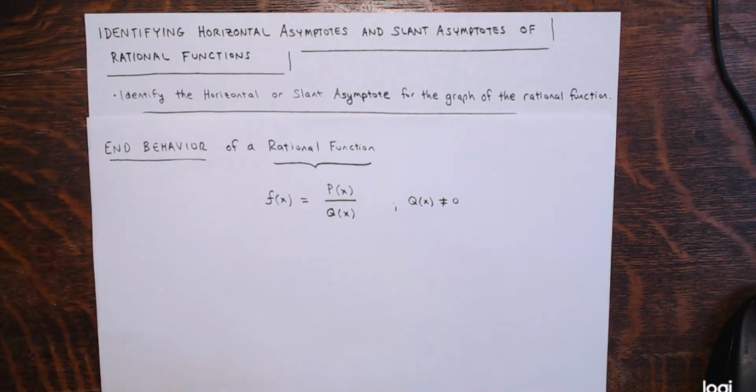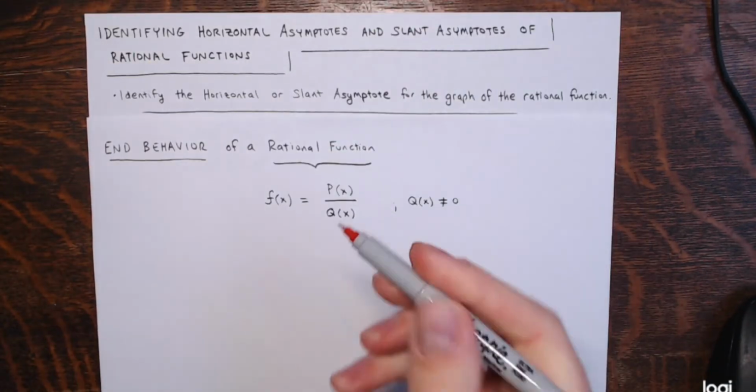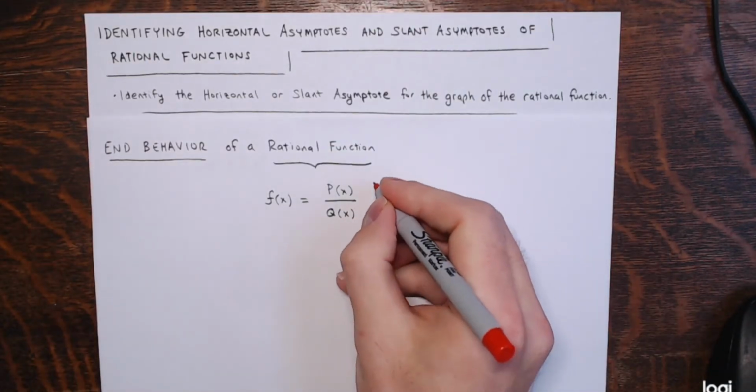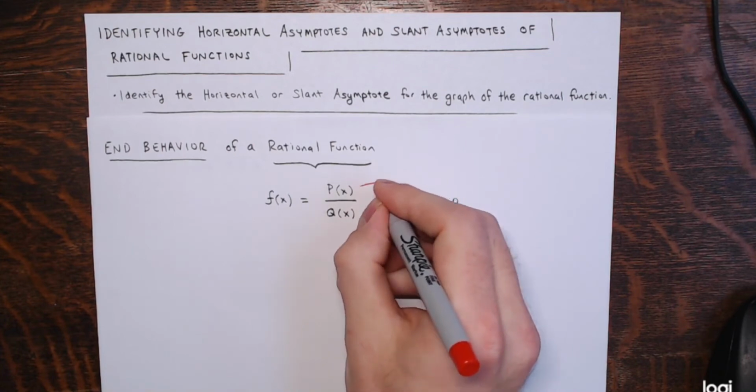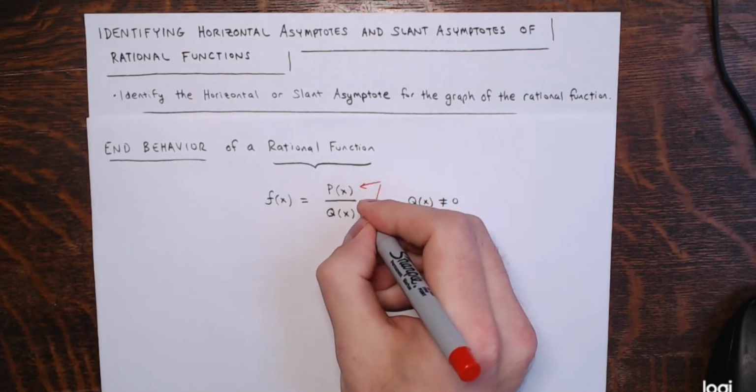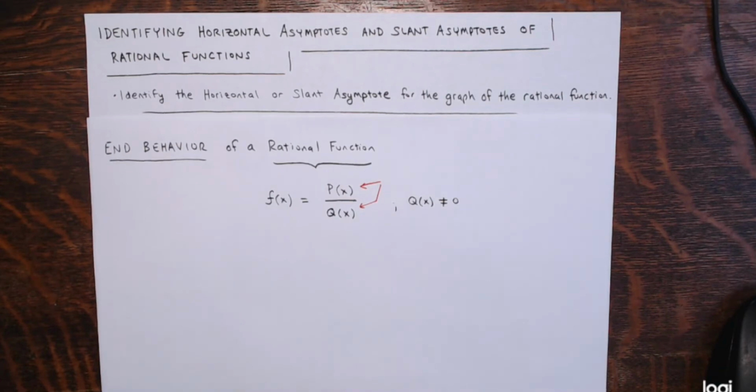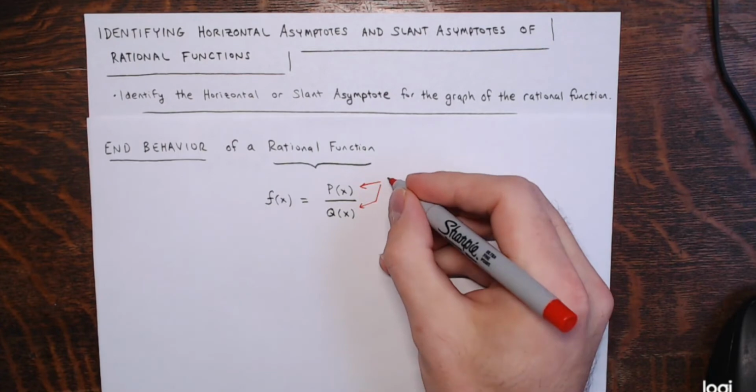And this numerator and denominator, p of x and q of x, are polynomials. So a rational function is just anything that can be expressed as a ratio, a fraction, of two polynomials.